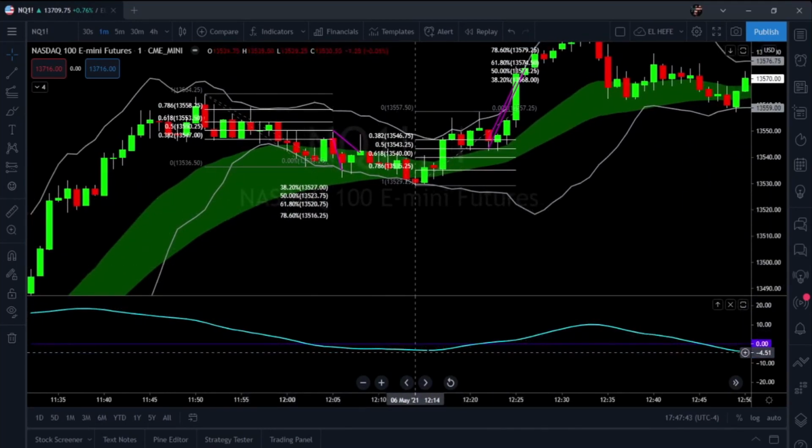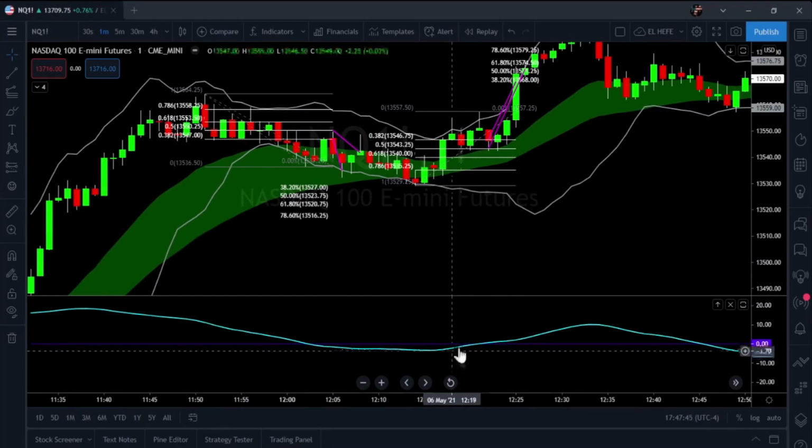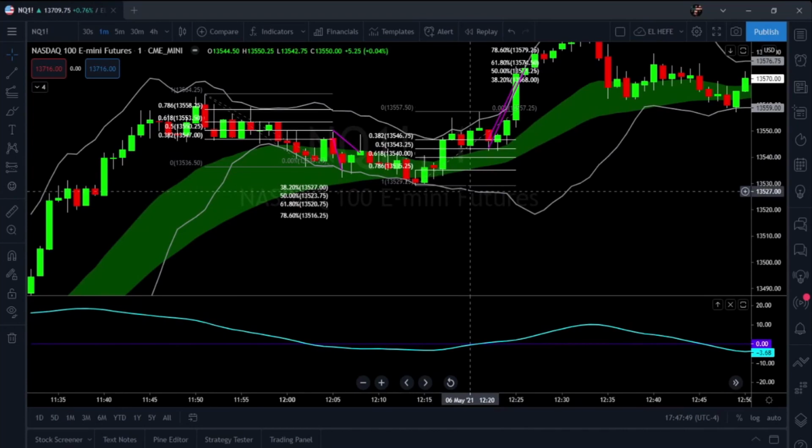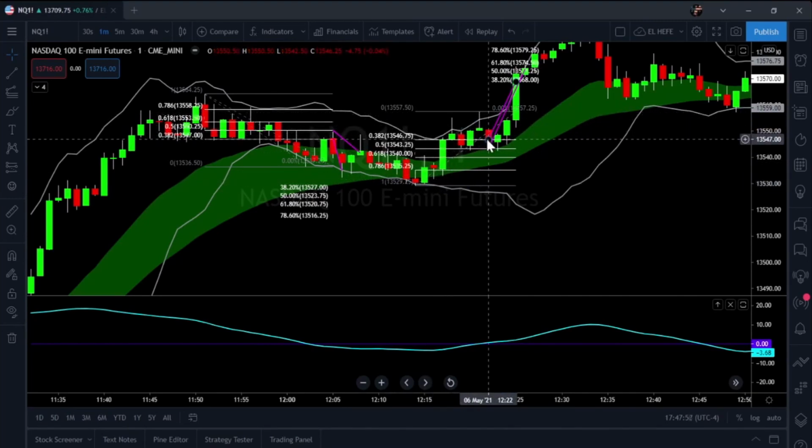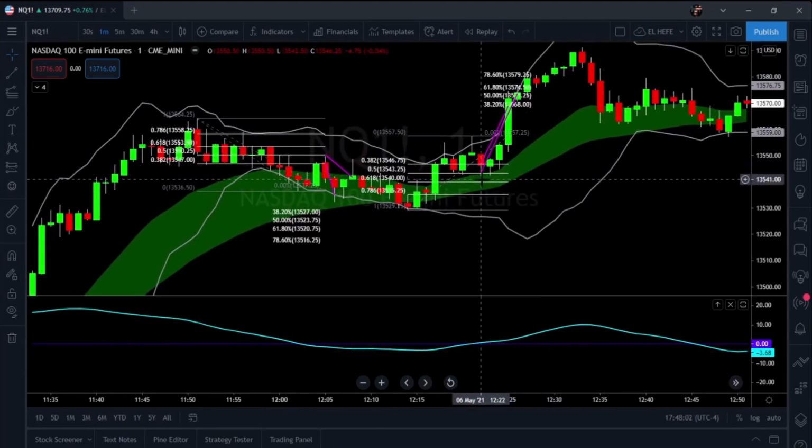All right, let's see. We're popping back up above 0, and here we are, 1 bar in front. All right, found our high, found our low. We're looking for the pullback. Added off the 382, added off the 0.5. I guess y'all can see the pattern here of how often it's these 2 levels and not quite the 618. Most of the time it's these 2 levels.